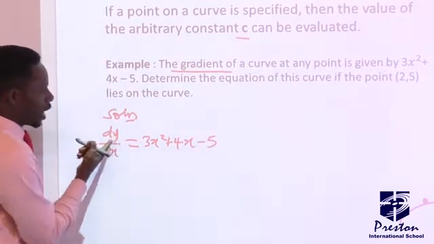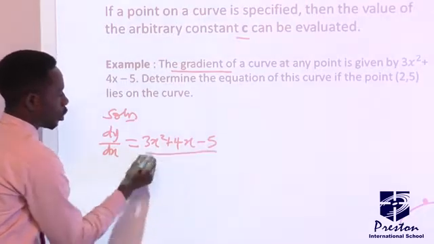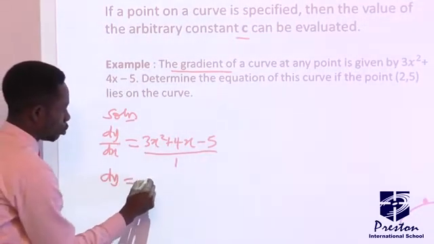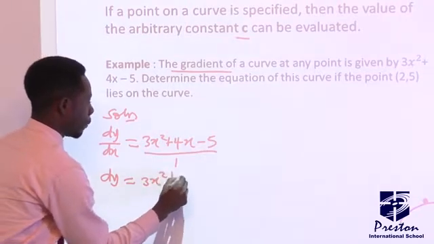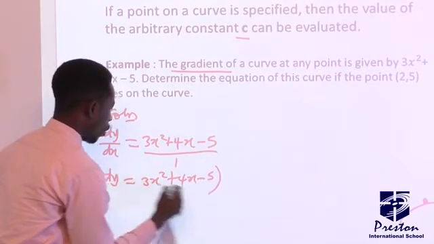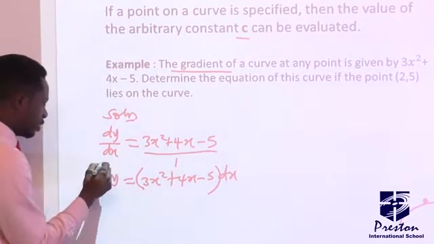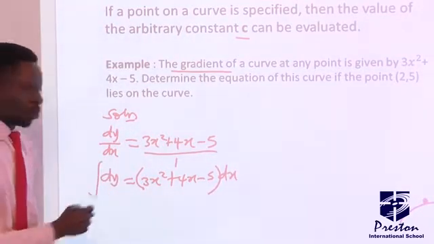Okay, we want to get the value of our y. We can have this over 1 and we cross multiply. To have that, we have dy is equal to 3x squared plus 4x minus 5, all in brackets, then dx. Of course, we are looking for y. Then we introduce our integral sign to both sides.